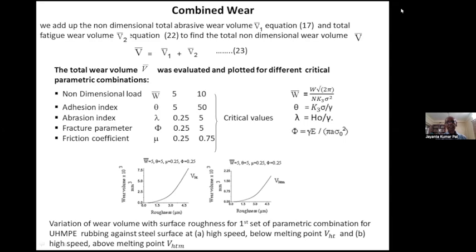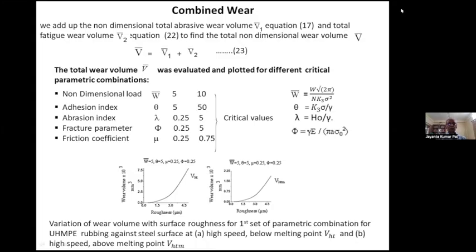Theta, as we said, is the adhesion index, K3 sigma by gamma. Lambda, H sigma by gamma, and phi, the fracture parameter, gamma E divided by pi A sigma naught square.